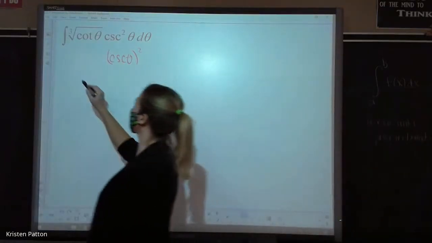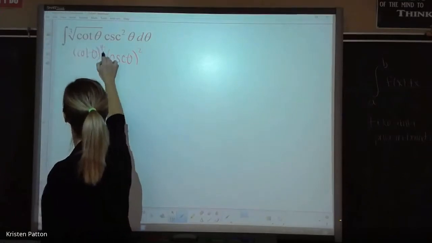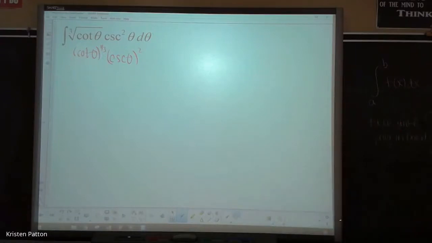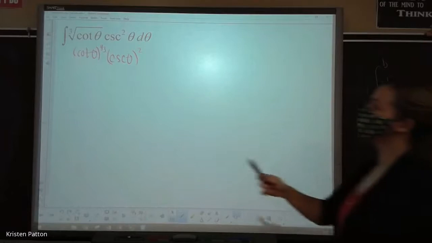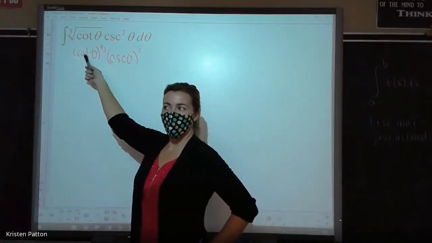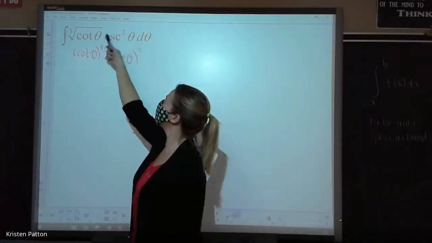The other thing we could do is what I was just talking about. If you write it that way, you can see. So maybe ask yourself, do you see a function and its derivative? What's the derivative of cotangent? Oh, do we see a cosecant squared?